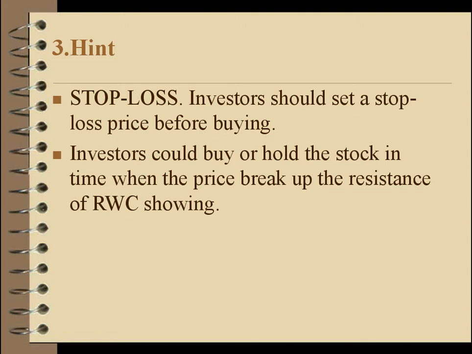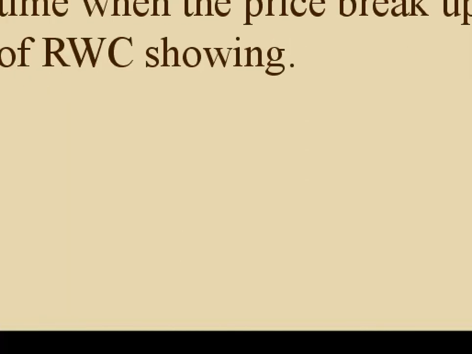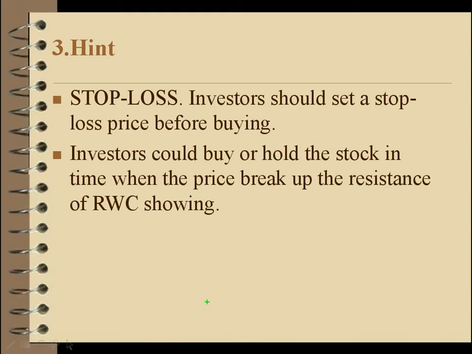Why? Because many people, for example, I show you, here is 5 lingi. If they set the buying price at 5 lingi, maybe the price will go up, maybe it will drop down, right?